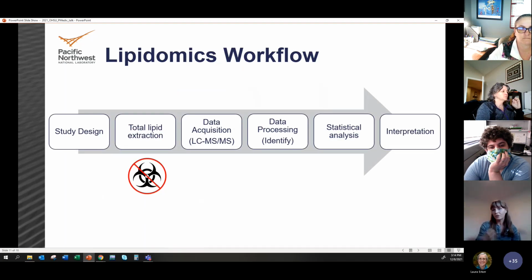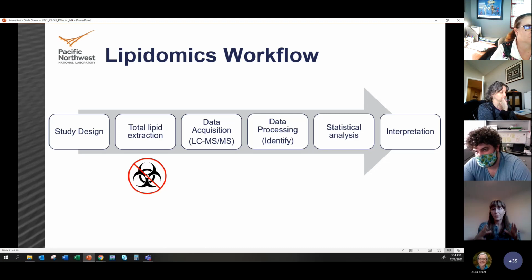So here's our traditional workflow for lipidomics. We always meet with the collaborator. So Ficado and I met, and he discussed what he wanted to do, and we talked about study design. A lot of times when you work with us, we'll bring in a biostatistician to make sure that your sample set has enough power to address your scientific question.